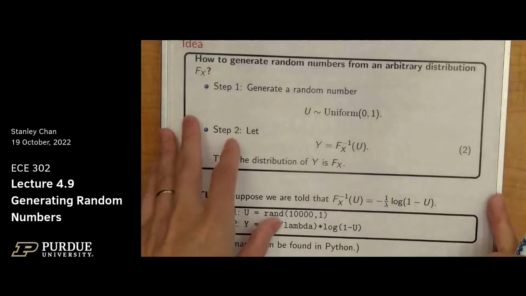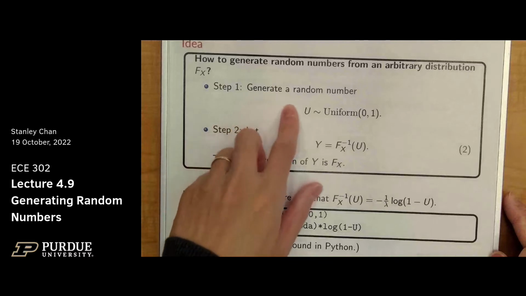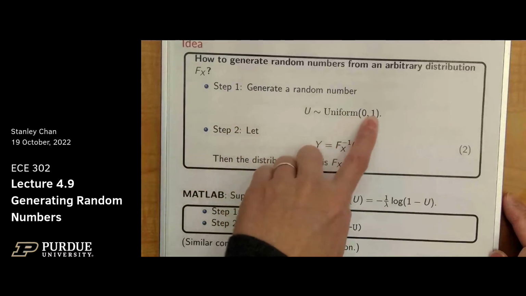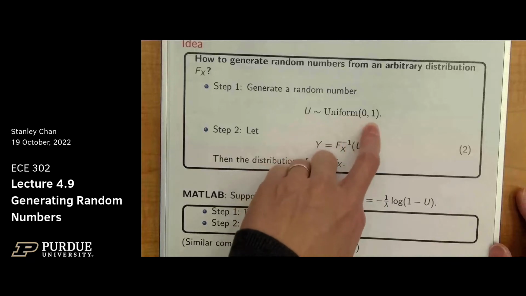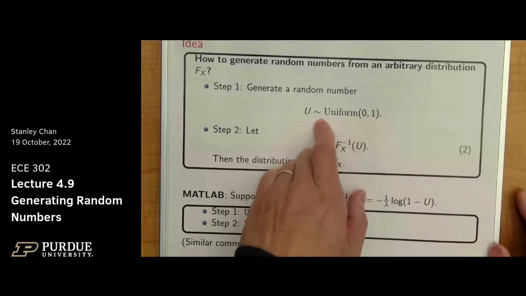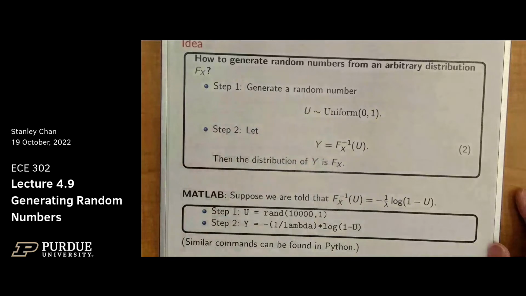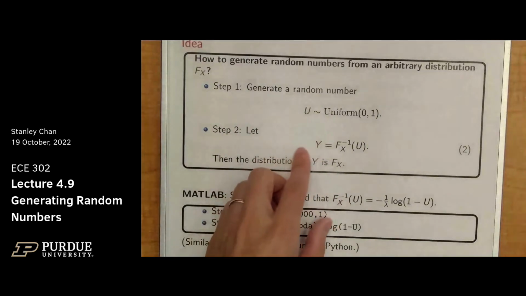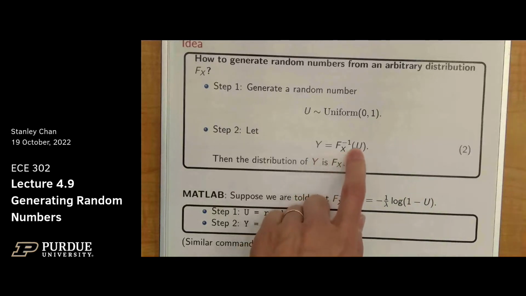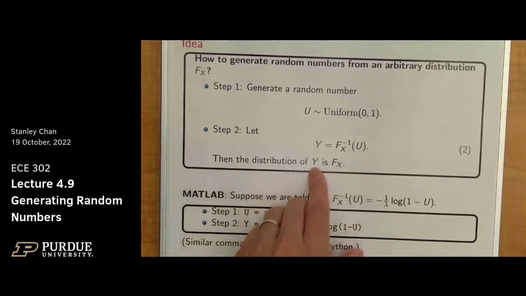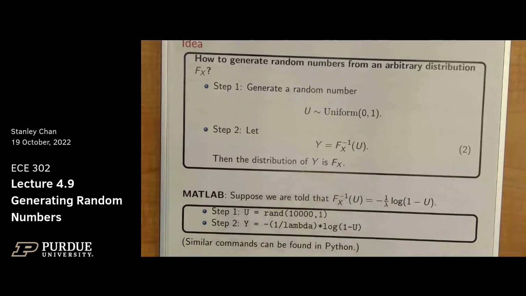Well, we can start with a random number. So you call random, a uniform random variable between 0 and 1. You draw, let's say, 10,000 samples, and then you define this F_X inverse. You define Y equals to the other thing. Then your distribution of Y will follow the F_X.